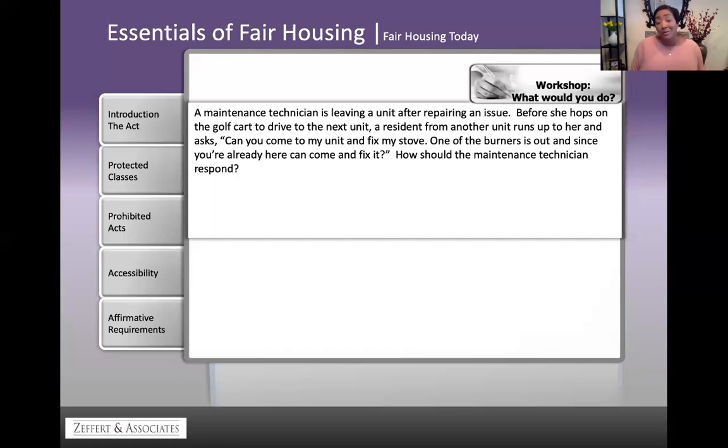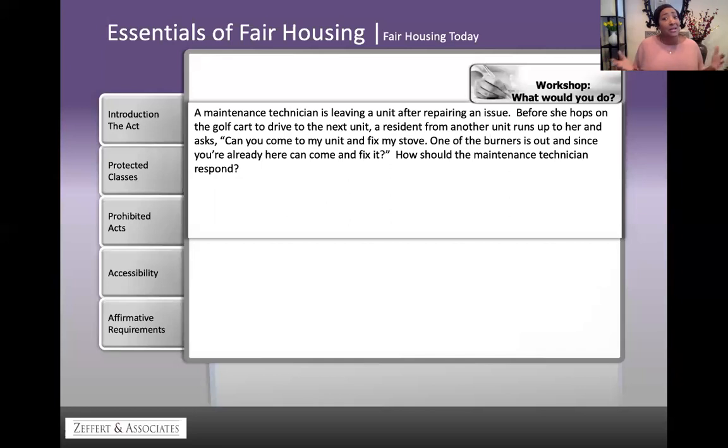We all know residents talk, and they talk a lot. Word travels fast. It wouldn't be long before that one resident made a comment to another resident, saying the maintenance person came right to my unit and fixed it. And the other says, well, wait a minute, they didn't do that for me. It's been 2 days and I'm still waiting on them to respond to a work request I put in 2 days ago.